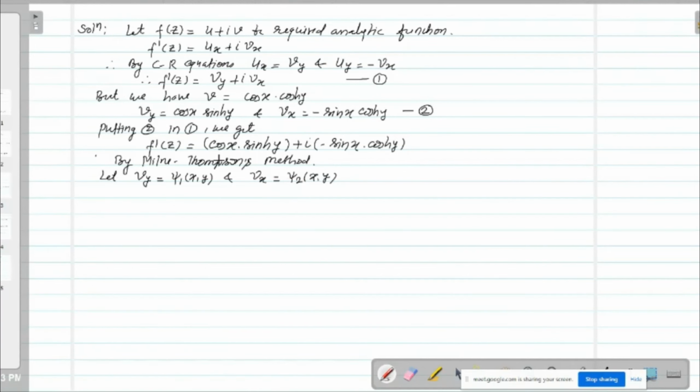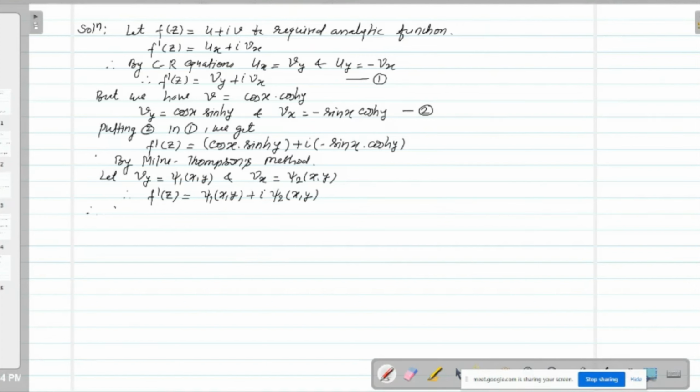So this equation becomes f dash of z equal to psi 1 of x comma y plus i times psi 2 of x comma y. Call this equation number 3.